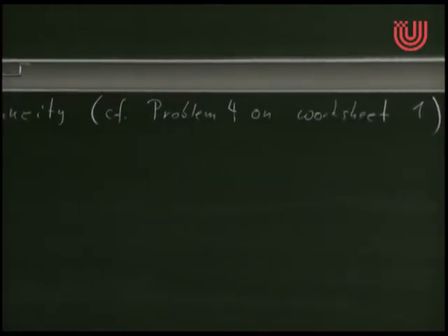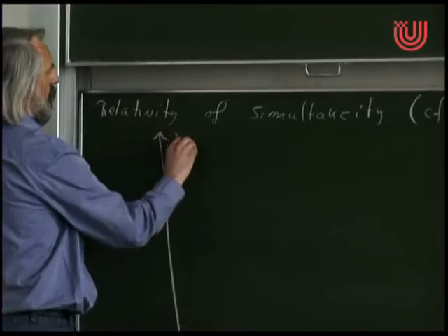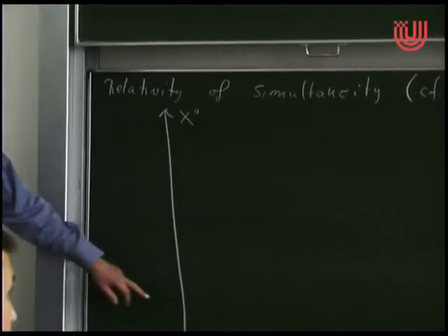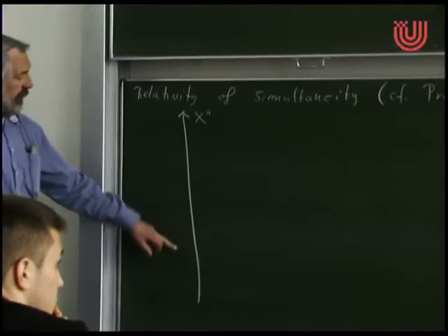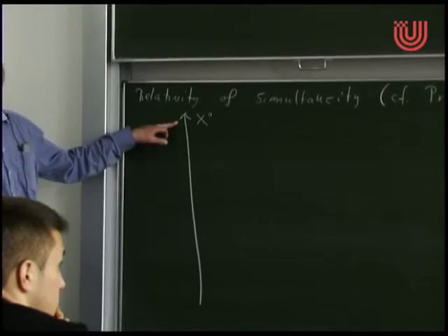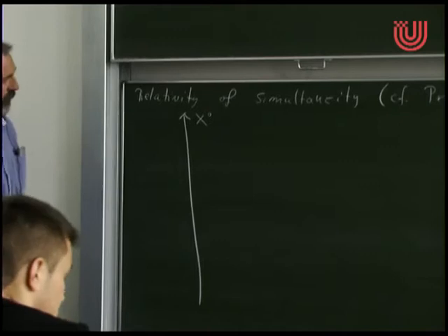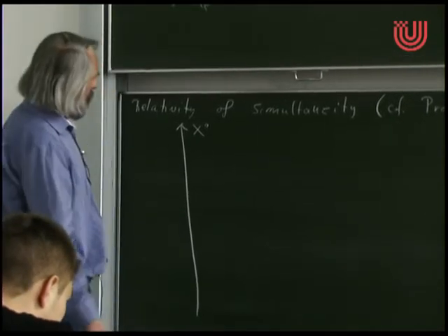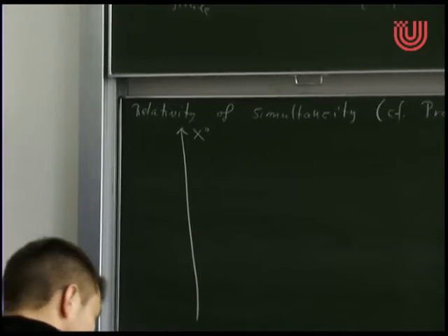So what we discussed yesterday was the following. We considered a particle which is at rest at the origin in one inertial system. So the world line of this particle is just the x-naught axis. And then we introduced a certain procedure. Well, not we introduced it, Einstein introduced it, and that's why it's called Einstein's synchronization procedure.